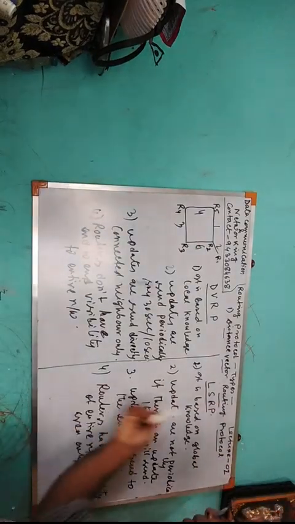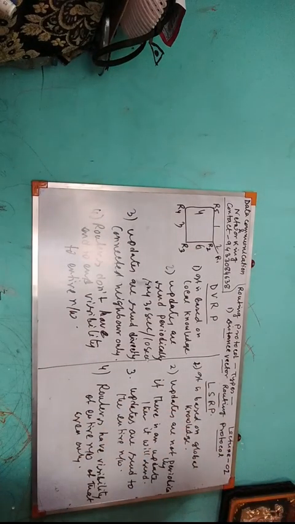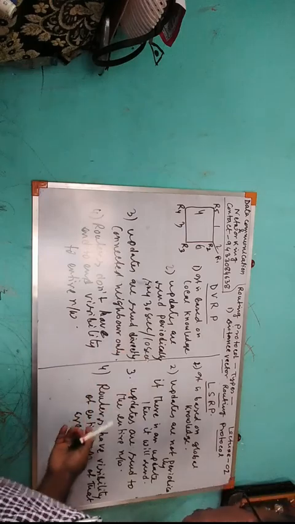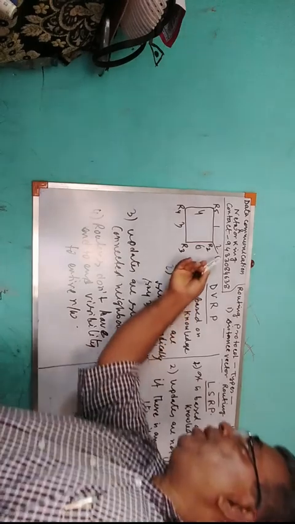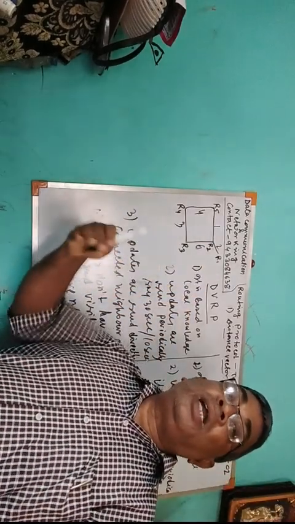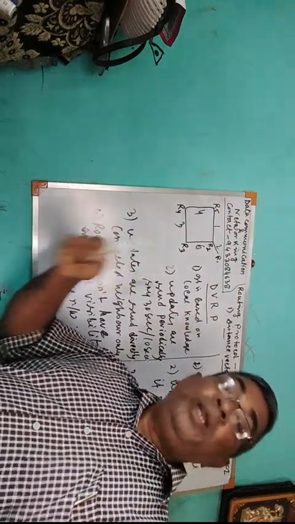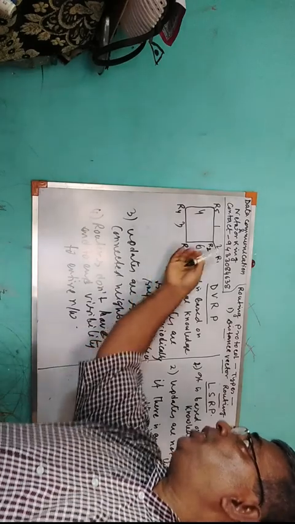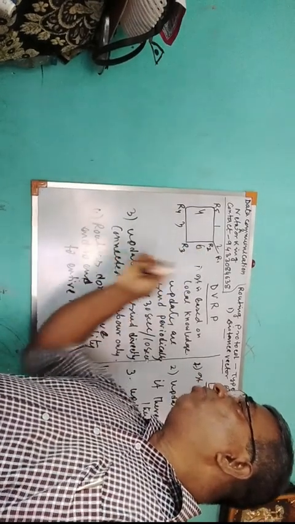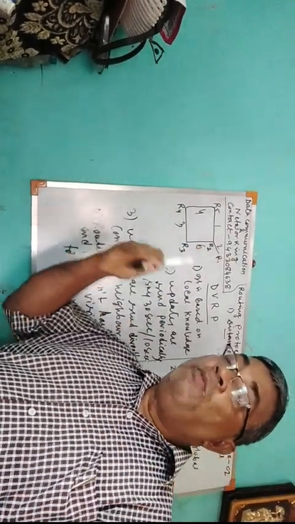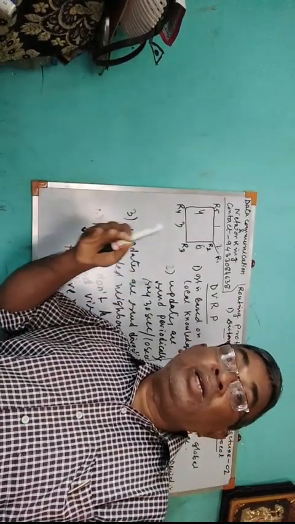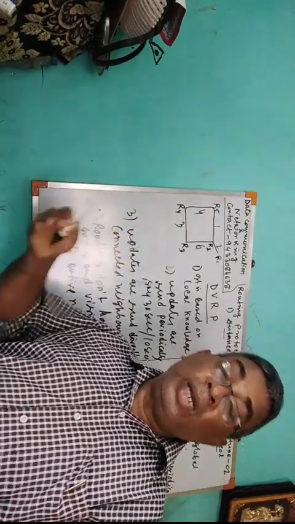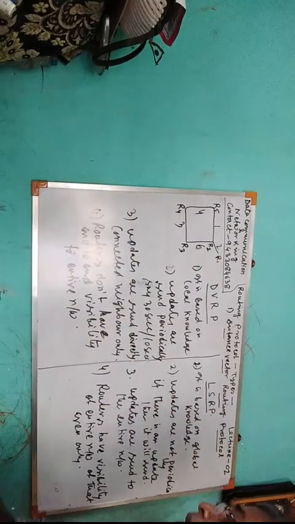But in case of link state routing protocol, routers have visibility. That means every router knows how many routers are connected to the network. But in case of distance vector routing protocol, each router does not know how many routers are connected in this network. So this point says that.